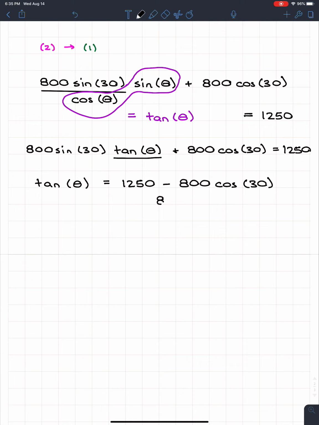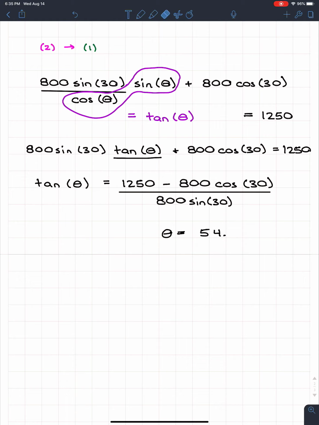That's another common mistake students make, is they only divide one term of this, but it's both parts. We have to divide by 800 times the sine of 30. So the trick right here has to be the whole thing divided by it. A lot of students will just put that just one. So once we get that value, we can inverse tangent it, and we'll get theta is equal to 54.3 degrees.